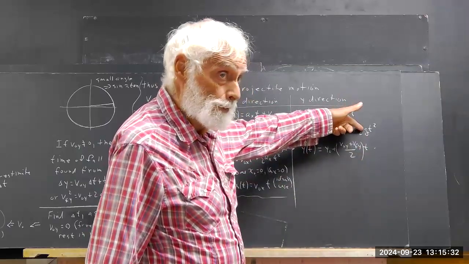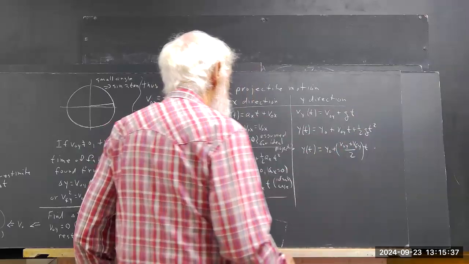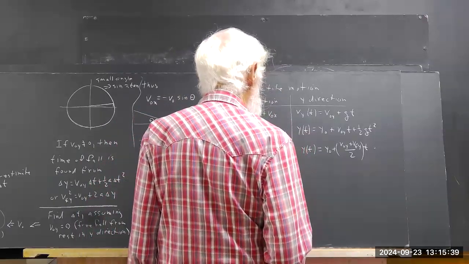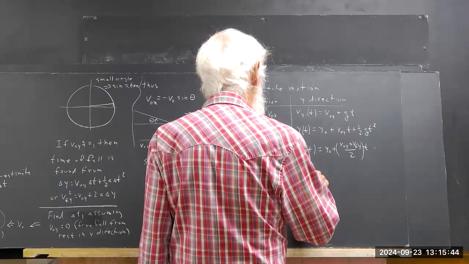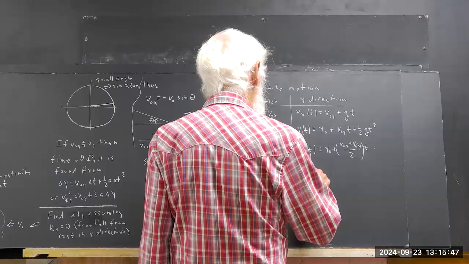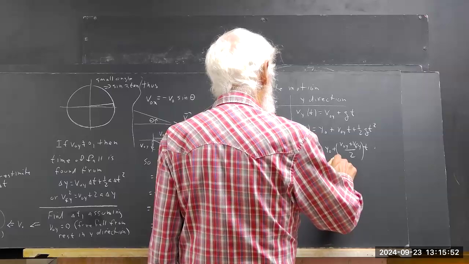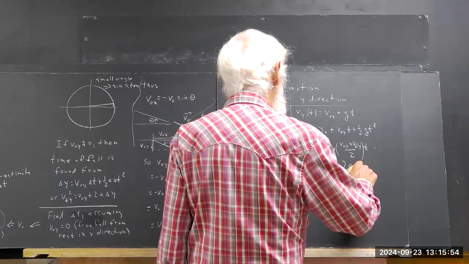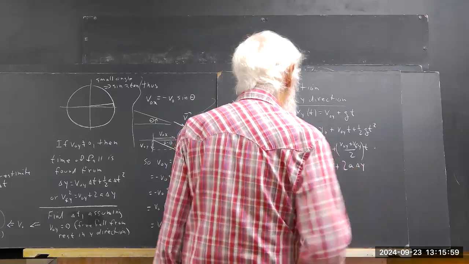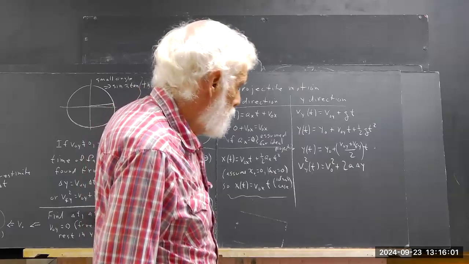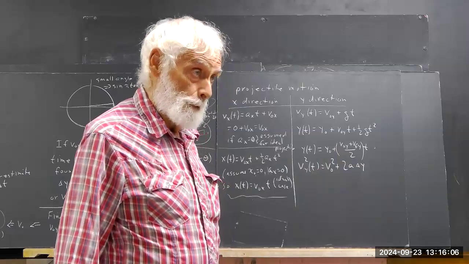We're assuming uniform acceleration g. So that might be handy. And then we write this fourth equation of motion, this one.